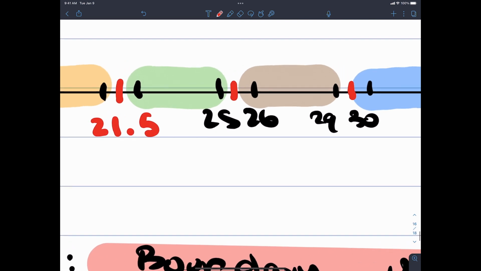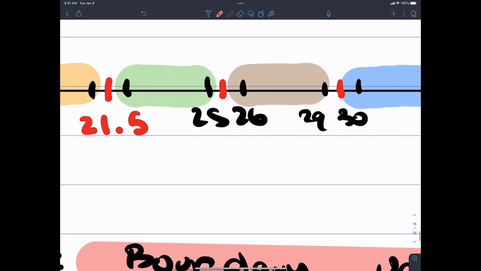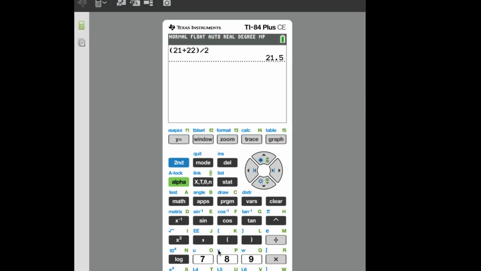I'm going to go over now to 25 and 26. What's midway between 25 and 26? Okay. Parentheses. 25 plus 26. Close that, divide by 2. What do you end up with? What is that? 25 point what? 5.